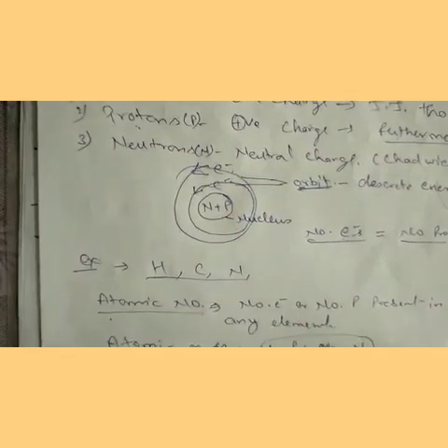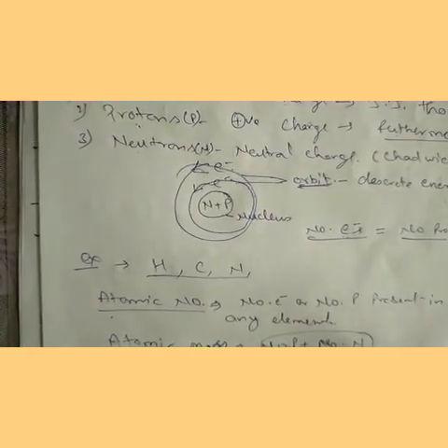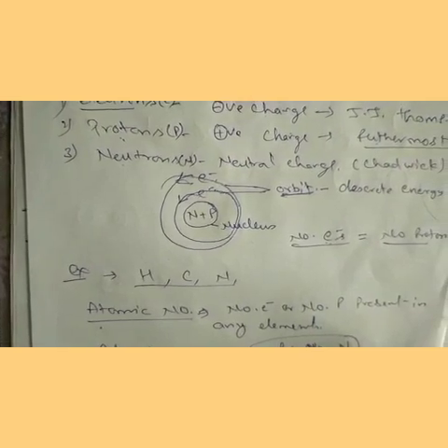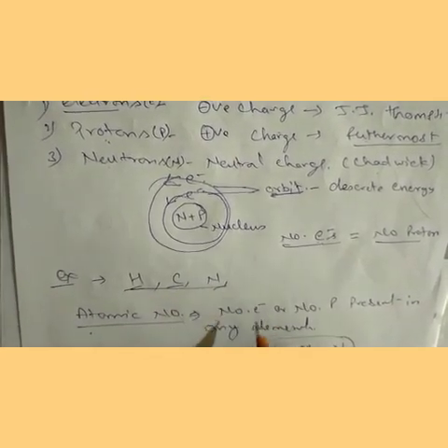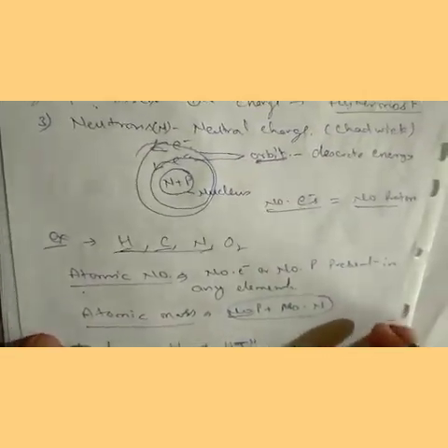Now since we are talking about atoms, many discoveries happened further, and we came to know that there are many elements available in the universe which are made up of atoms. Some examples are hydrogen, carbon and nitrogen. Similarly oxygen is there. These are biological elements and available in the earth atmosphere.